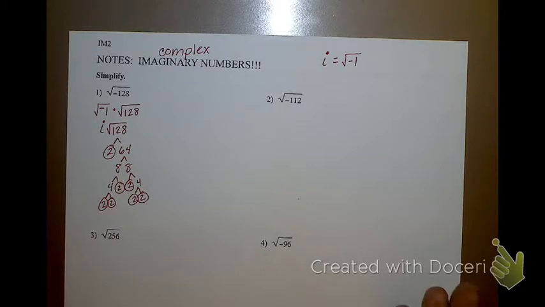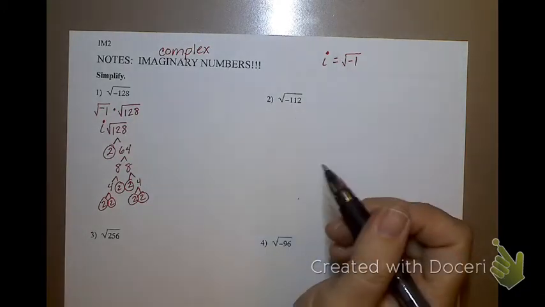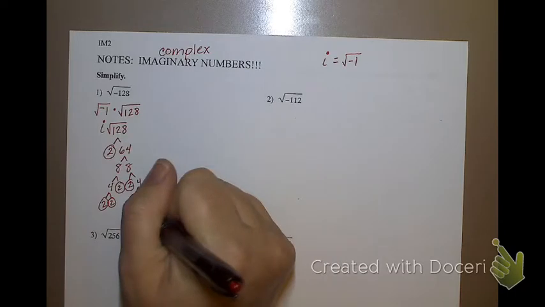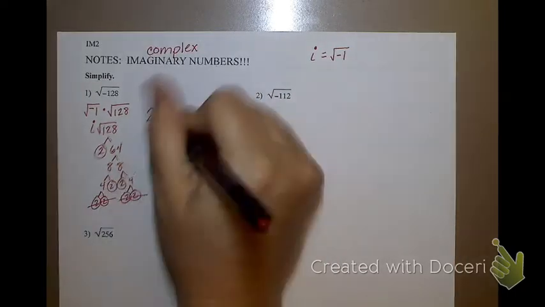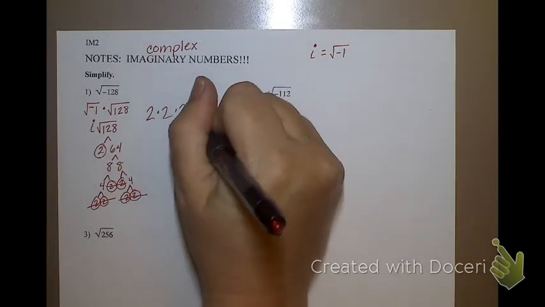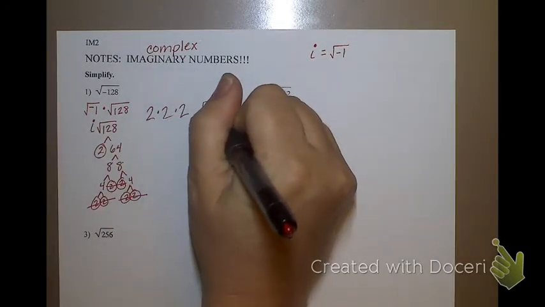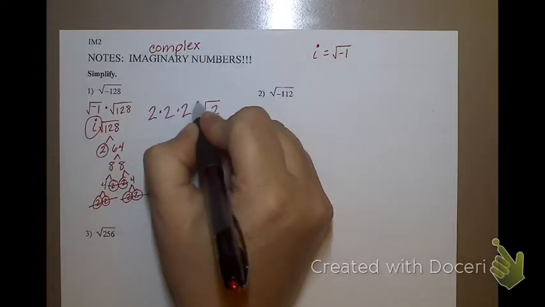So what's different so far? Just that. So what comes out? A 2, another 2, and another 2. And then the other 2 goes inside. And I can't forget that I have an i outside also.